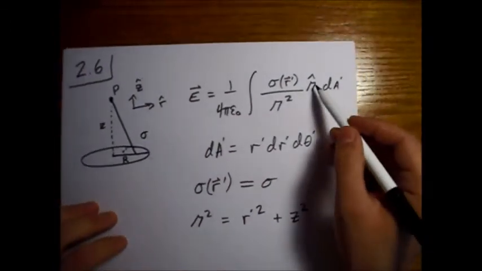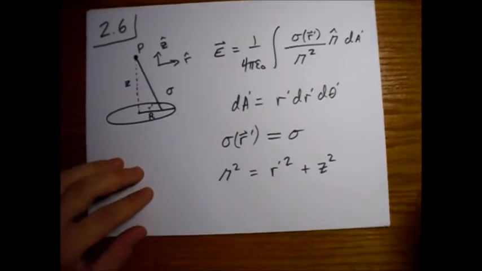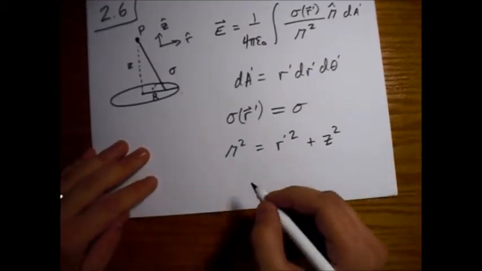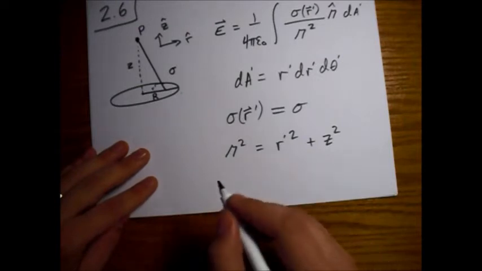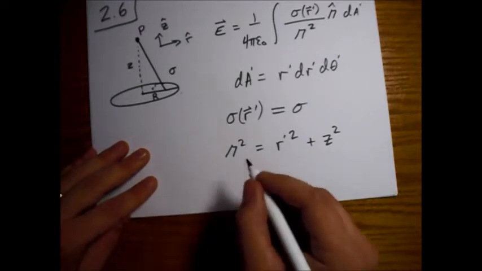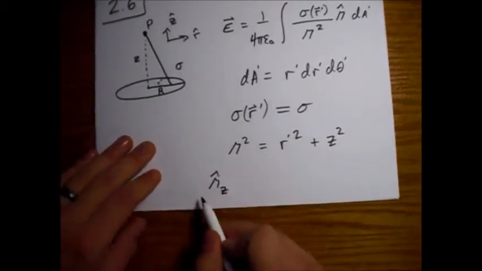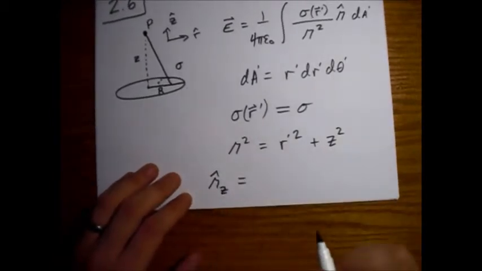So rather than write a unit vector, I'm going to just write the z component of that unit vector. This is kind of awkward, but I'm going to just write r hat sub z, okay?